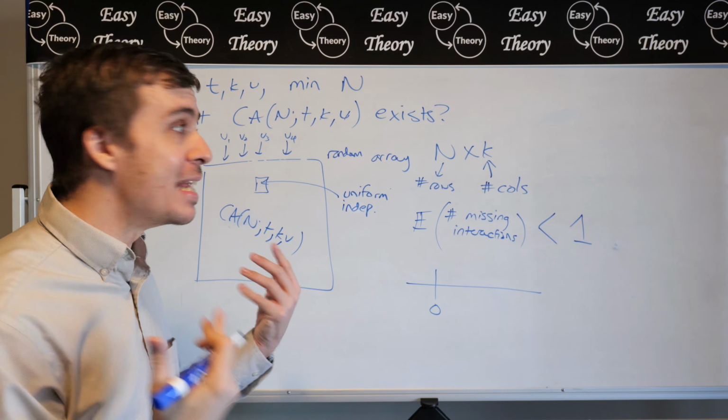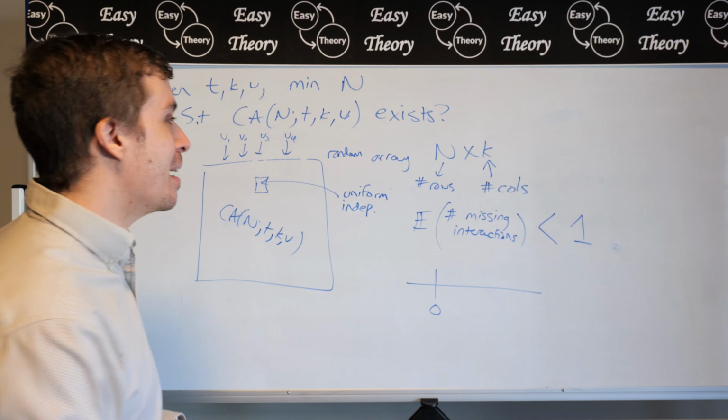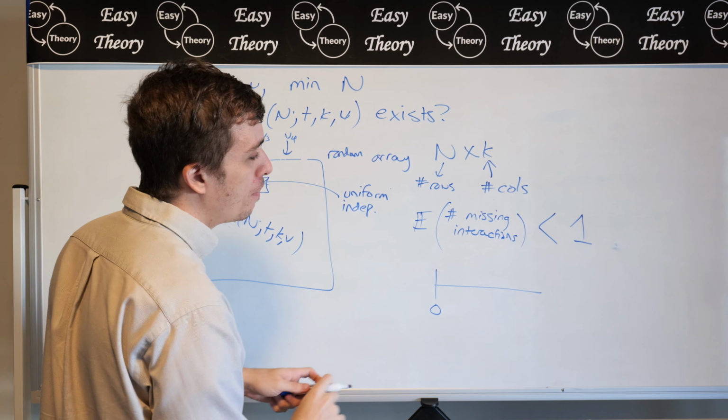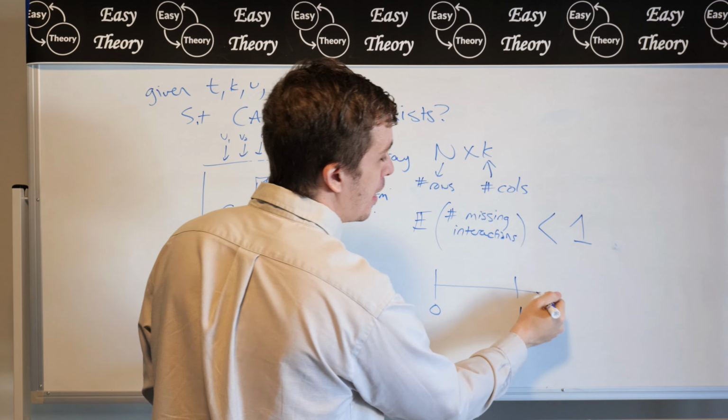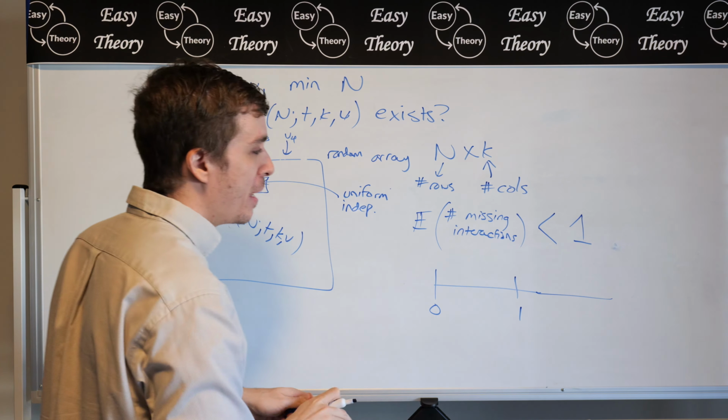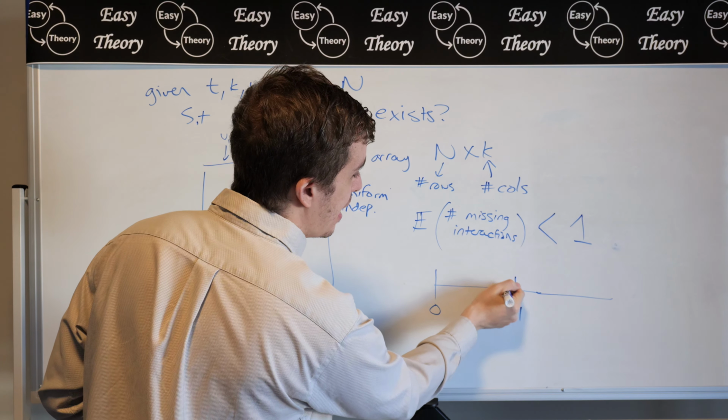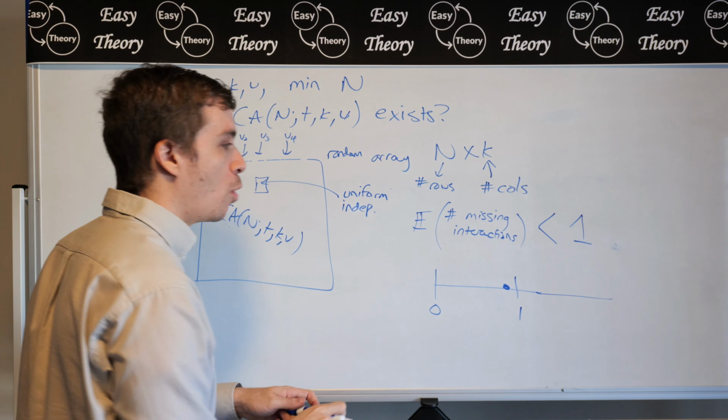You can't have a negative number of things missing. So it's going to be at least 0. And let's say here's 1. And it clearly can be more than 1. But let's say the expectation is right there. It's a little less than 1.